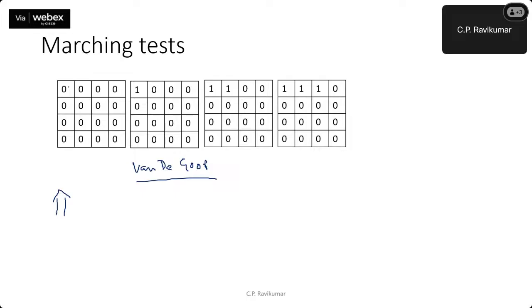So if you number the cells 0, 1, 2, 3, 4, 5, 6, 7, etc., then this means we are going in this increasing order of cell addresses, so 0 to maybe 15. Similarly, 15 down to 0 will be written the other way around.